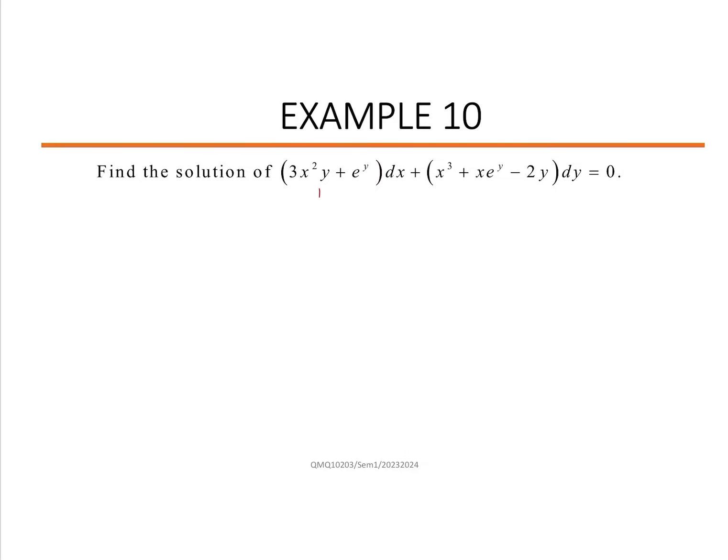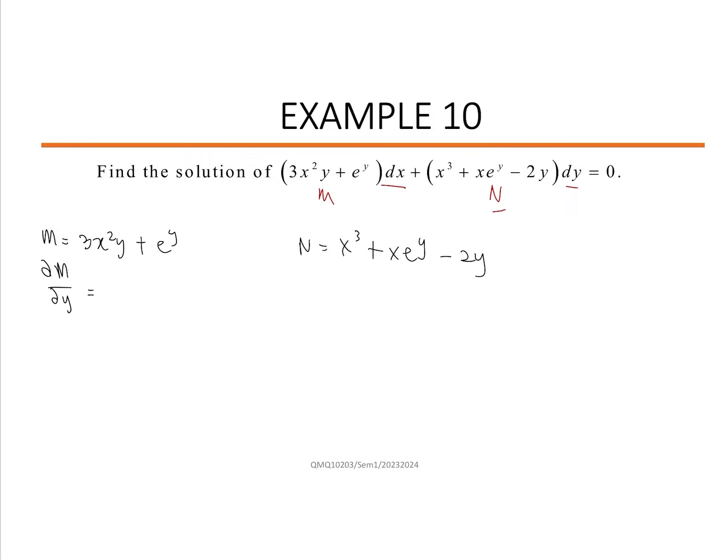Let's say this is function M, this is function N, M is with dx and N with dy. Let's test for exactness. M equals 3x squared y plus e to the y, while N equals x cubed plus x e to the y minus 2y.